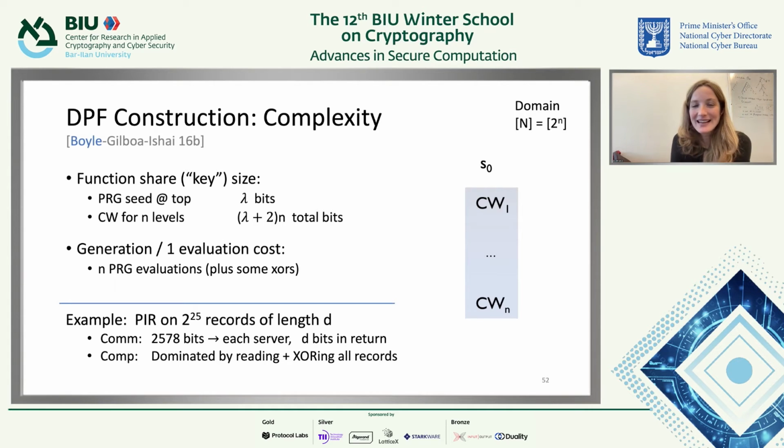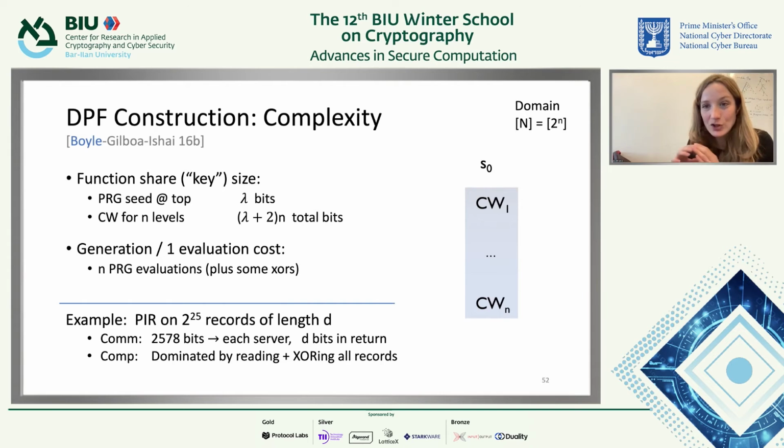And just to give you one idea, going back to this application of private information retrieval. So for example, suppose that my database has 2^25 records, each record is length D. Then plugging in this specific construction, you can do this with roughly 2 kilobits per server being sent to each server.